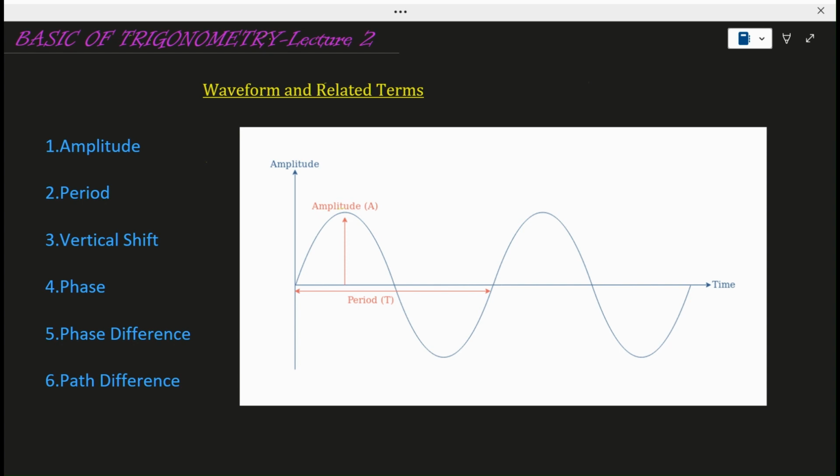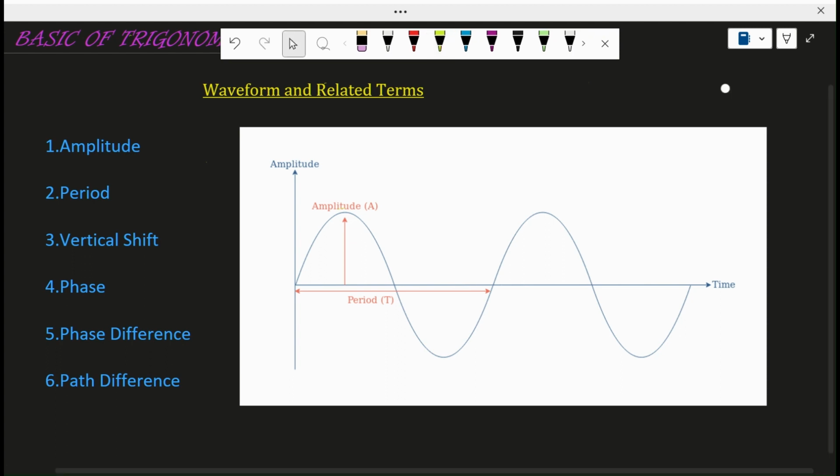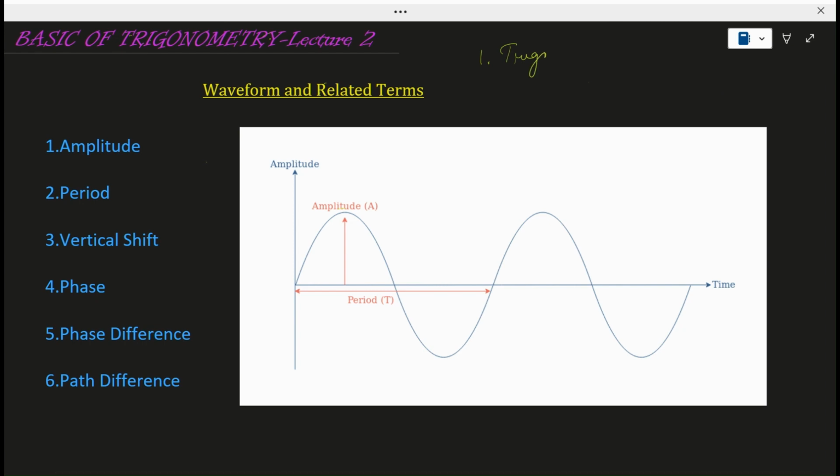Yesterday, just to quickly recap, we studied two topics. One, we studied trigonometric functions and how they are related to a right angled triangle.